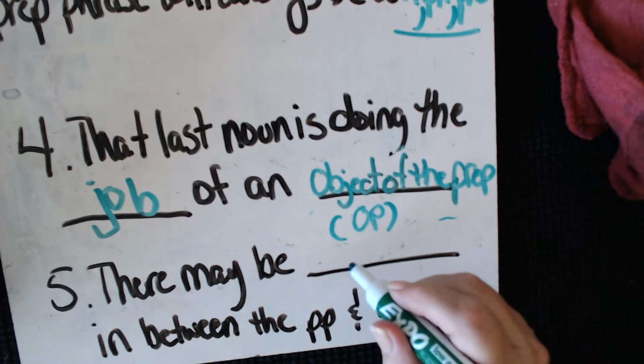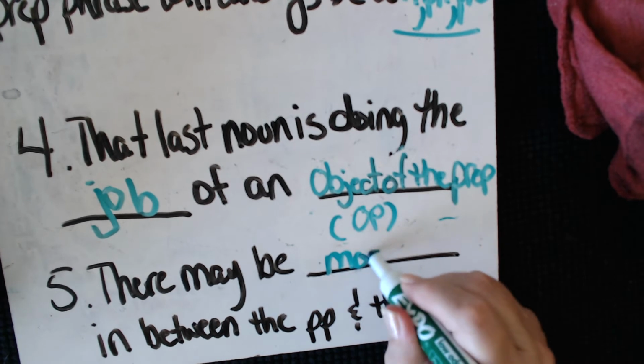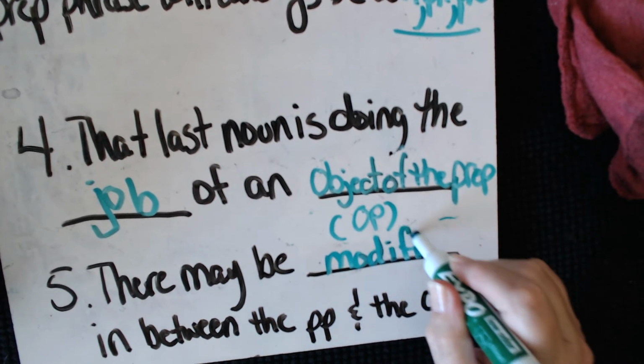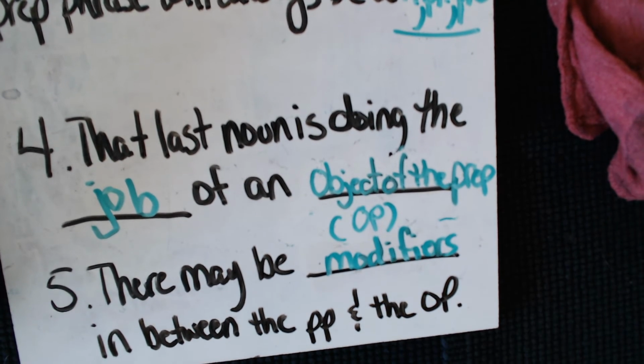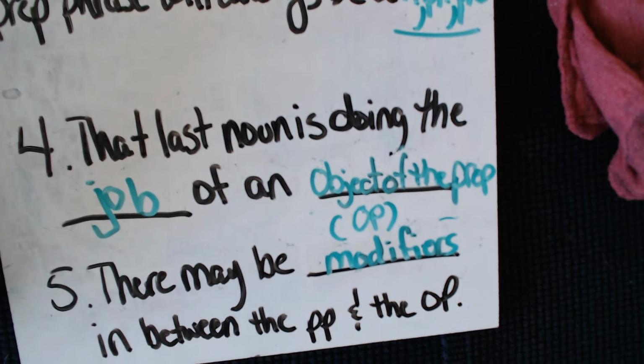There may be modifiers that come in between your preposition at the beginning and your object of the preposition at the end of your phrase. Those modifiers could be articles, adjectives, or something we haven't talked about yet, adverbs.